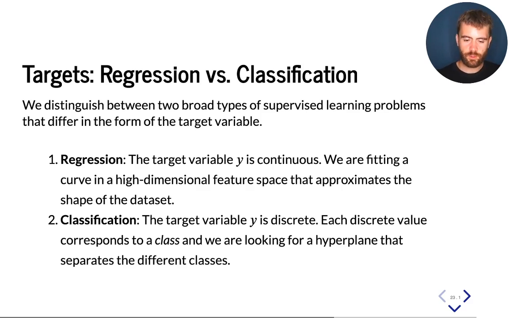In the earlier example of diabetes that we saw, the variable Y was continuous. So it can take a continuous number of values. It lives somewhere in some sort of continuous subset of the real numbers.